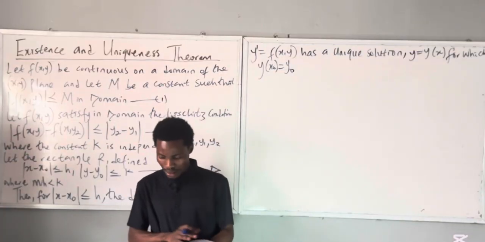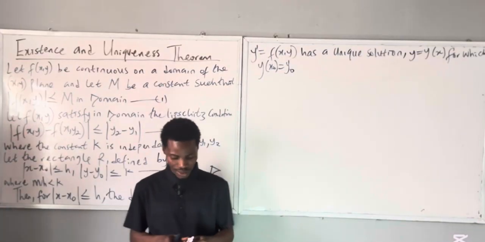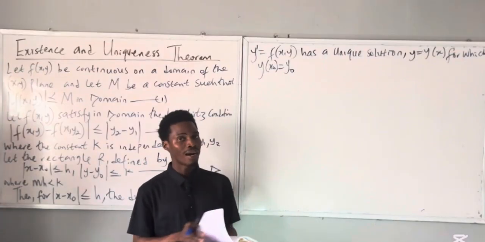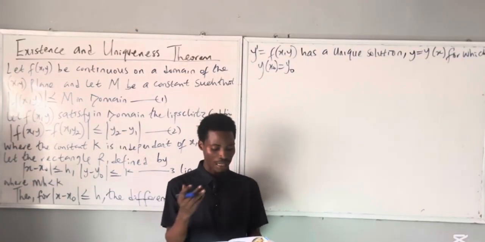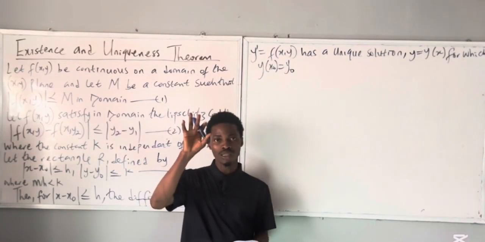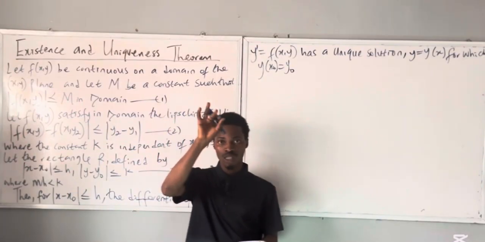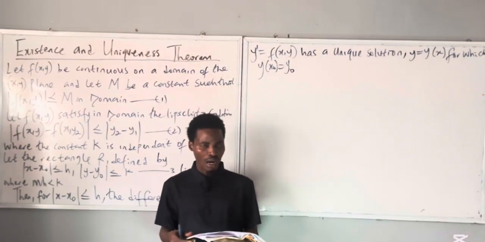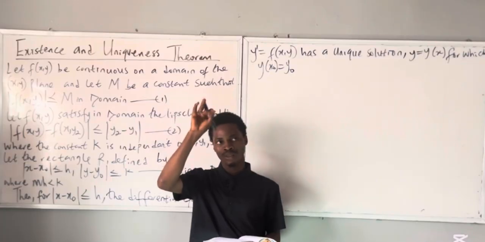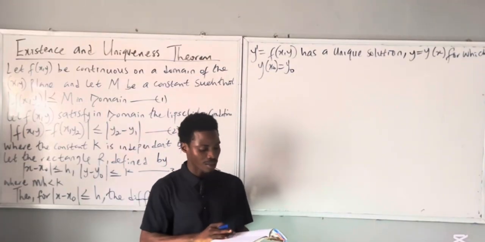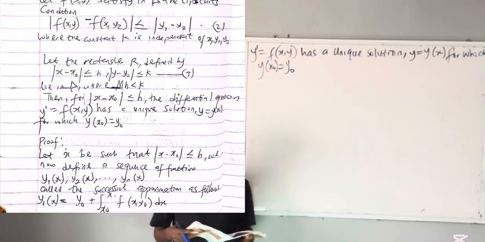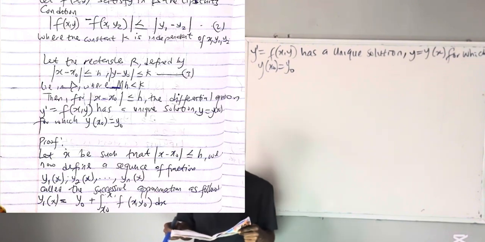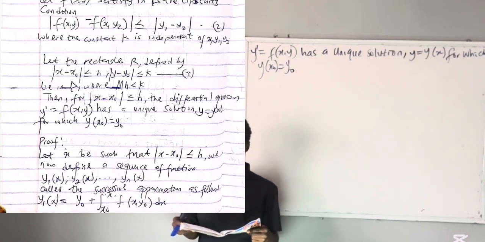In the statement we are being given, because of time and this board cannot contain everything, I uploaded it, so it is displayed on the screen. We'll follow the proof on the screen, and I'll show how they got it. In that proof, let x be such that the absolute value of x minus x naught is less than or equal to h.